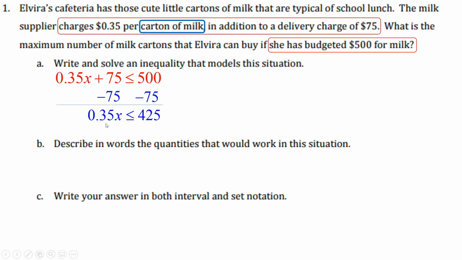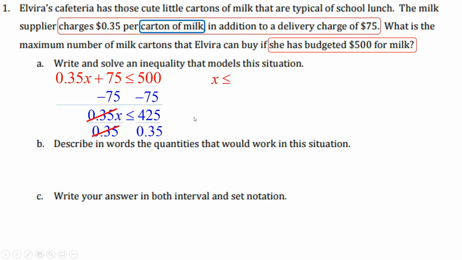Now, how do we undo multiplication? Let's divide both sides by 0.35. On the left, my factors of 0.35 will cancel out, leaving x, and x is less than or equal to... I don't think I'm going to do this in my head.